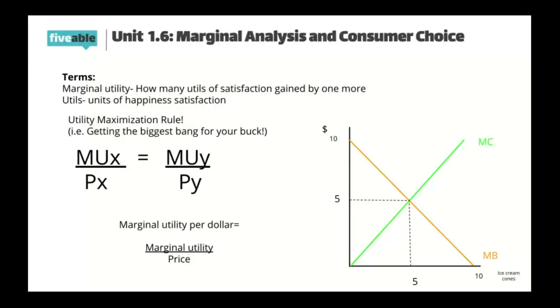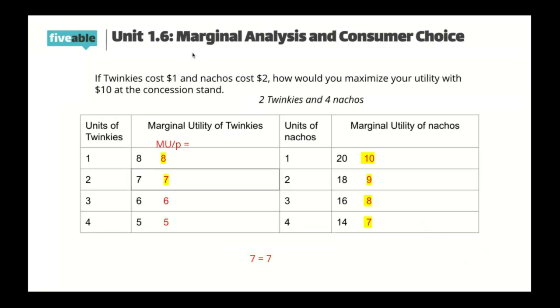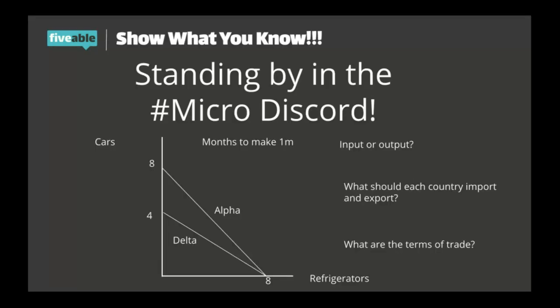In this case, the marginal utility per dollar of good X, the Twinkie, over the price of X, at the very end, these should equal each other. For us, it was 7, which equaled the marginal utility of Y over the price of Y, which in this case was nachos, and that equals 7 as well. 7 equals 7.